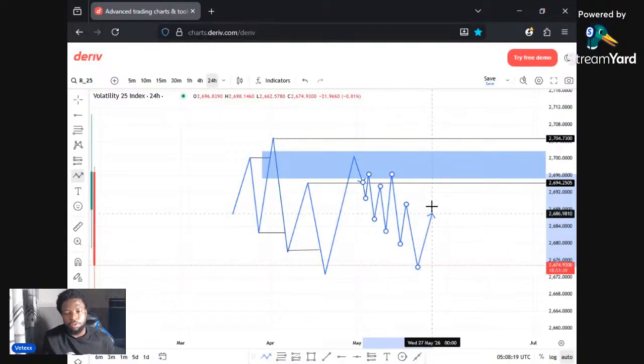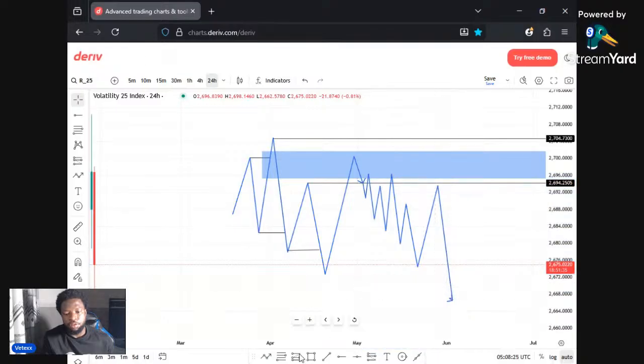You anticipate a structure like this, then price starts selling in the opposite direction. So this is what to anticipate on the 15 minutes.